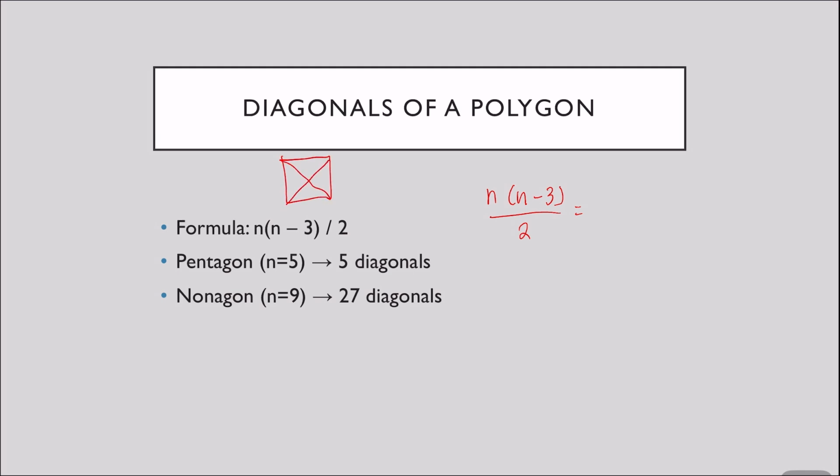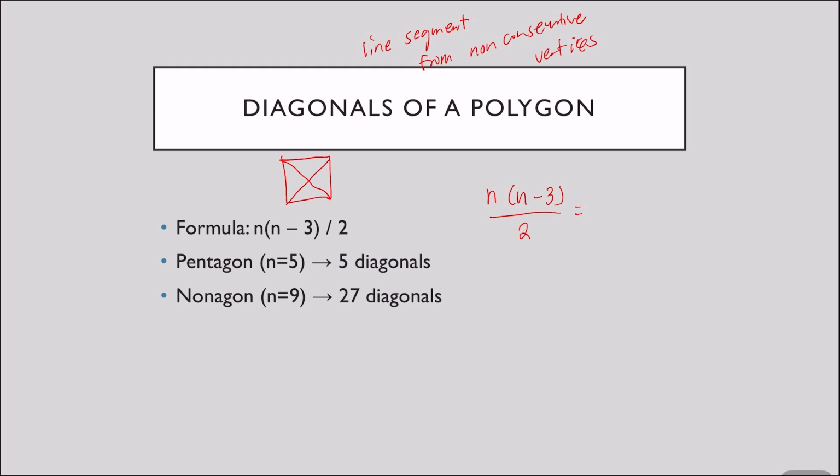Or remember your definition of diagonal. It's the line segment from non-consecutive vertices. Okay? So, you can't connect these because that is a side when the vertices are consecutive.